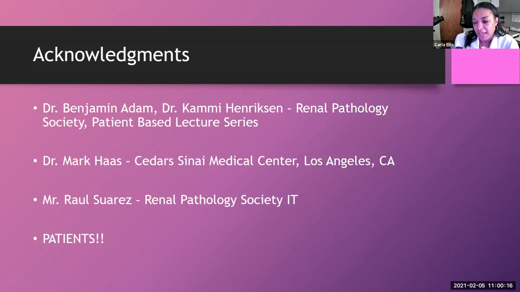If kappa is 1+ and lambda is 1 to 2+, I don't worry. If kappa is 1+ and lambda is 3+, then I think, let me take a look, let me document this and do a little bit more digging. So it has to be a big difference in intensity for me.